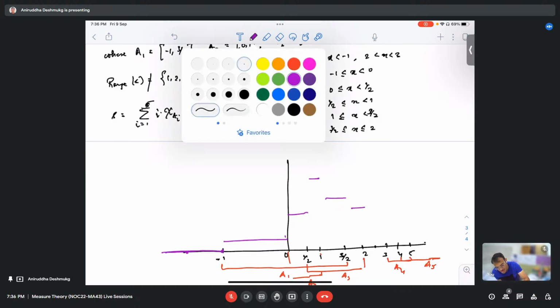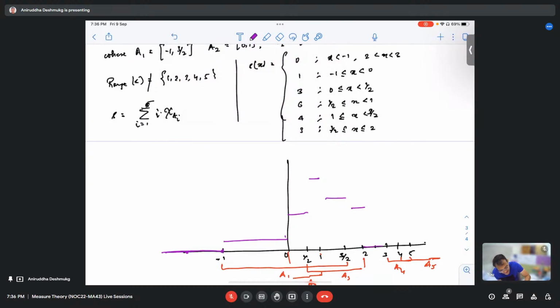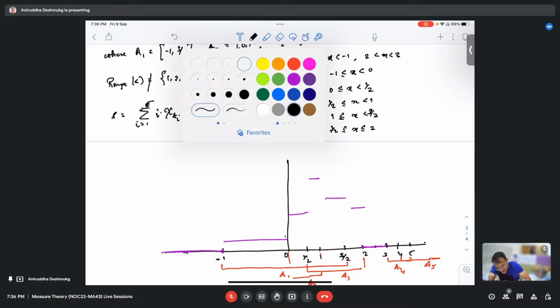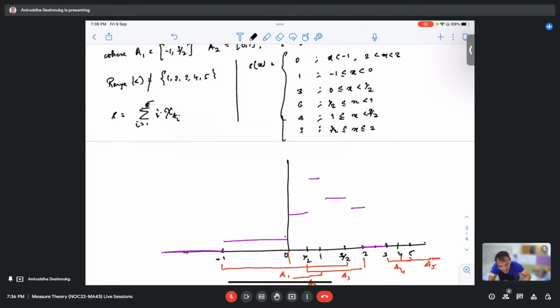Okay. What about 3 to 4? It is 4. Why? Because it is only in A4 and no other set. And what about 4 to 5?